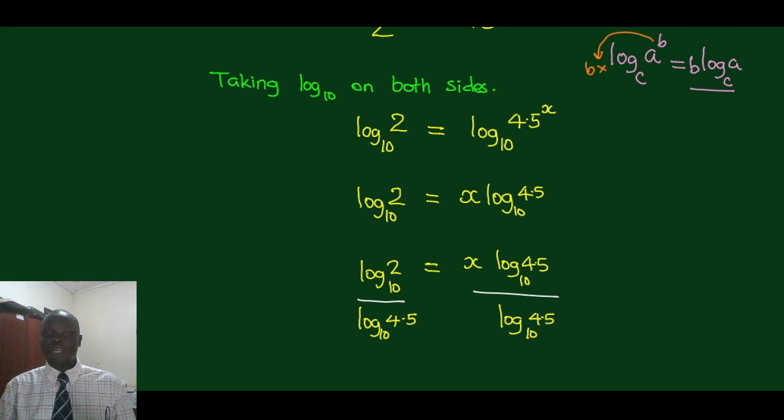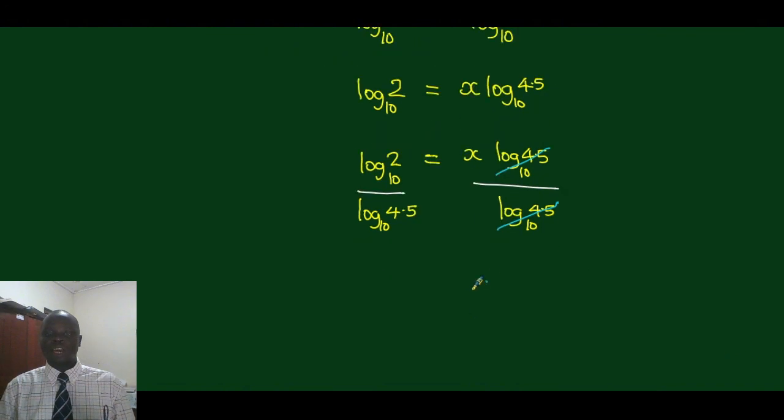And quickly you notice that since we needed the x alone here, the numerator and the denominator of the right hand side will cancel off, and we are left with only x from the right hand side.